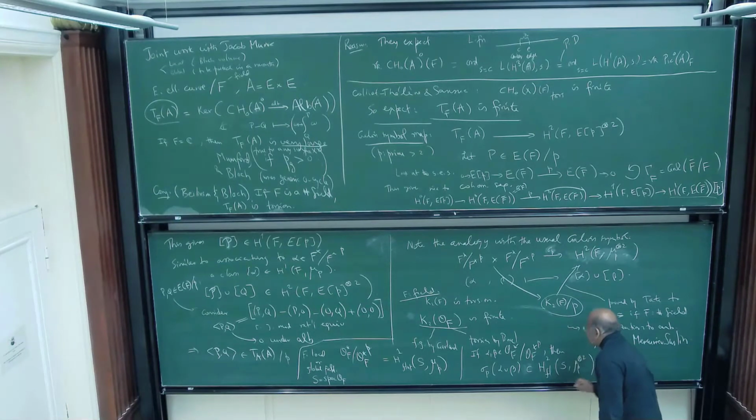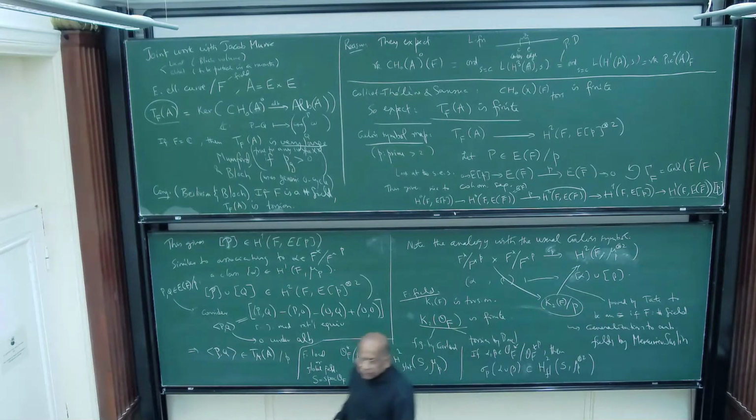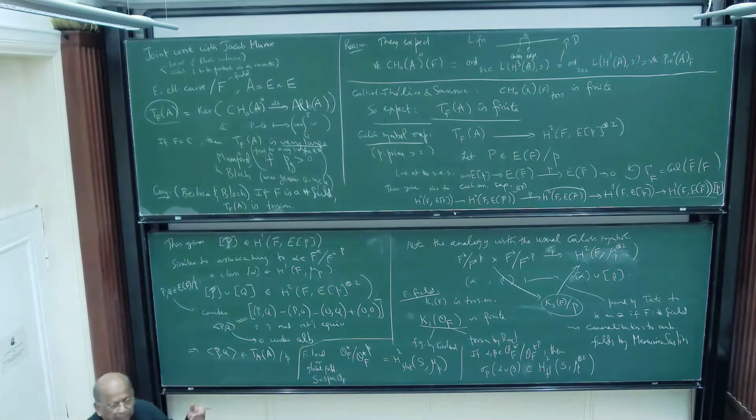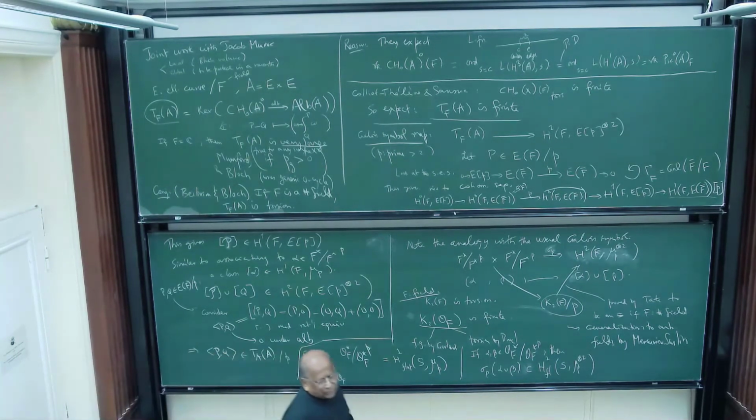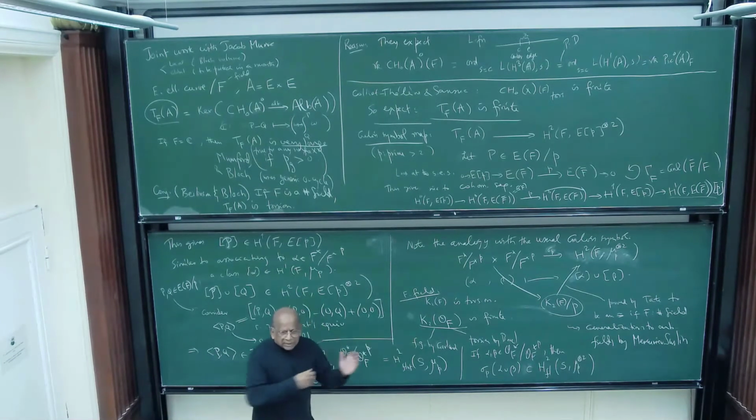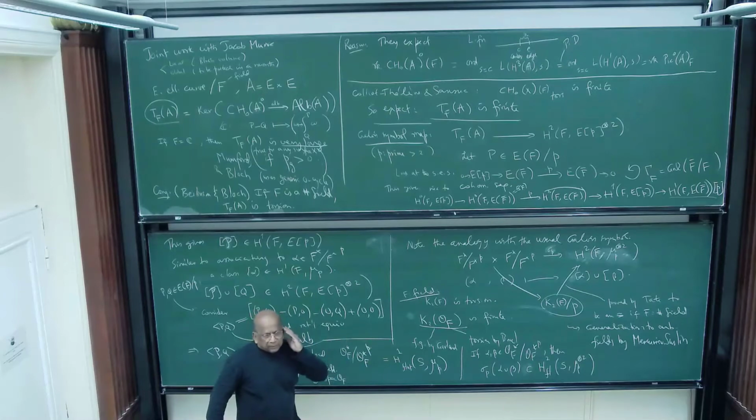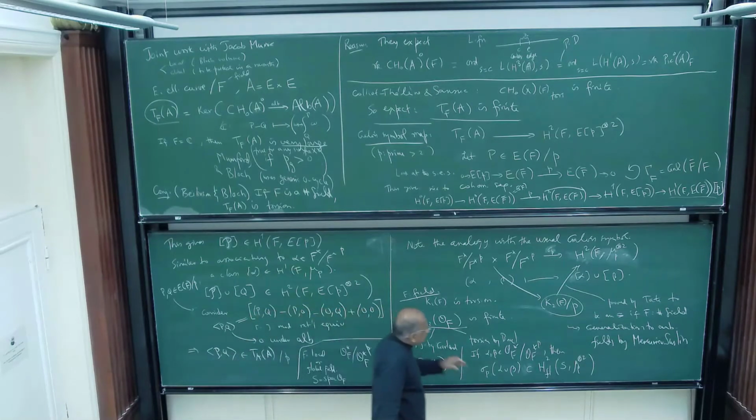We have to work with flat topology and not the étale topology because multiplication by p is not étale when you go to characteristic p. So it's much better to work with flat cohomology.